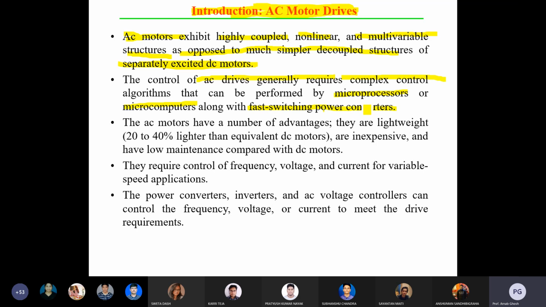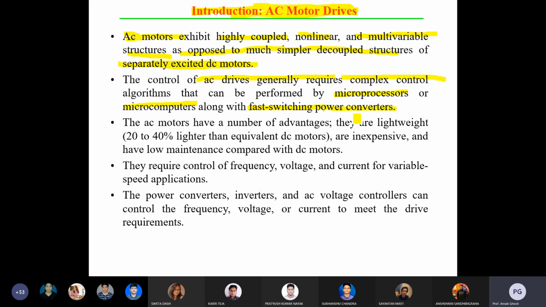In the last class we discussed how closed loop control is performed. The same fundamental thing applies: you sense the motor speed, convert it to a scaled value through the DAC, digital to analog converter, inside the computer, then process it, and in the end drive the switching devices to control the speed of the motor.